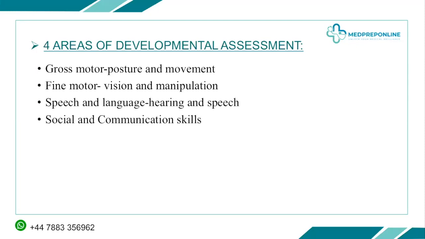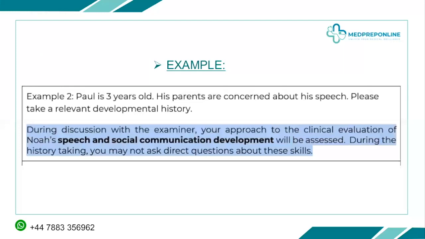For the developmental station you need practice, and you only have to focus on these 4 areas, but these 4 areas can come with a variation. Suppose I have brought here an example: Paul is a 3-year-old child. His parents are concerned about his speech. Please take a relevant developmental history.